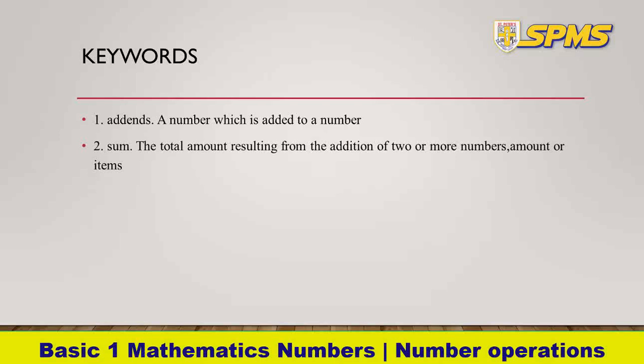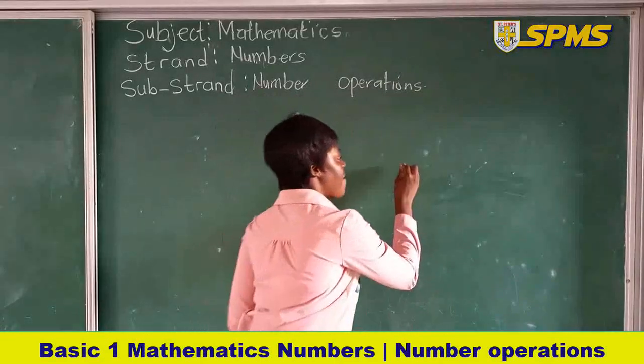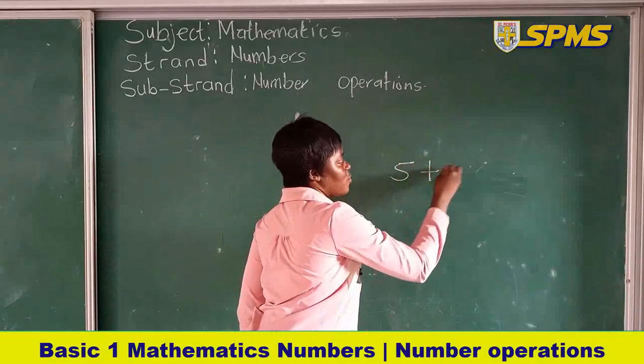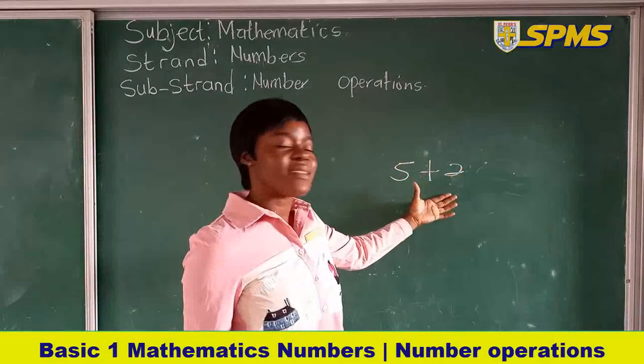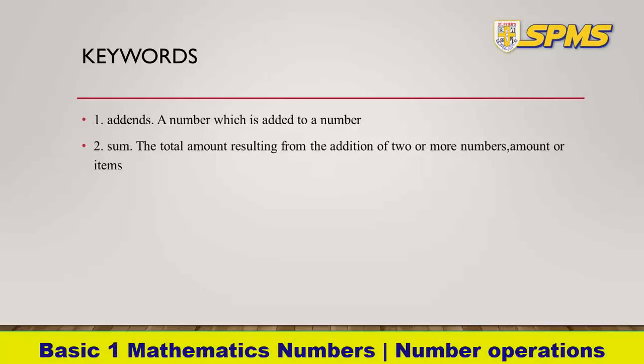An addend is a number which is added to another number. So if I have 5 plus 2, we call each of them an addend. This is an addend, this is an addend. Very good.